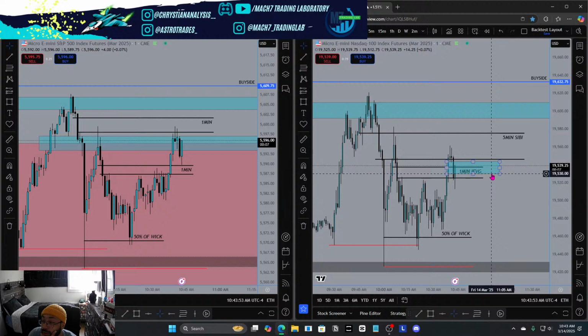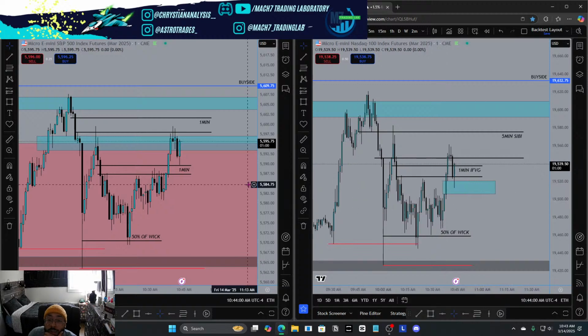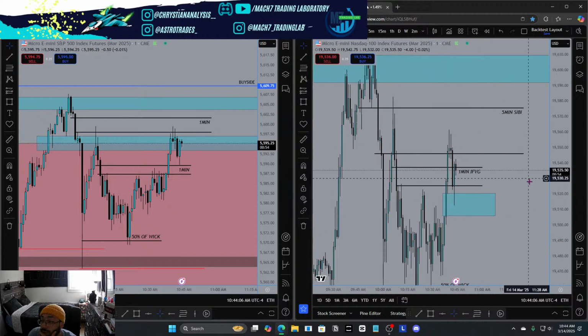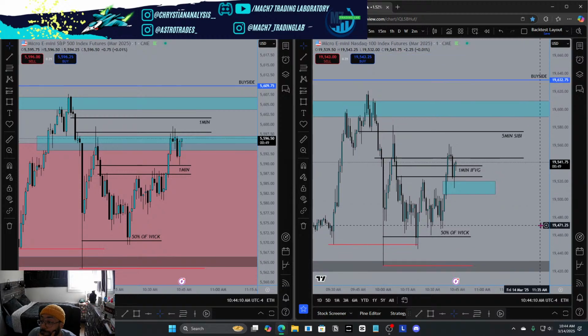Okay, we have this 1 minute here, this 1 minute here, this one here. Small little area in here. I ain't crazy. If these get taken out, then I'll possibly see her pushing a bit lower.